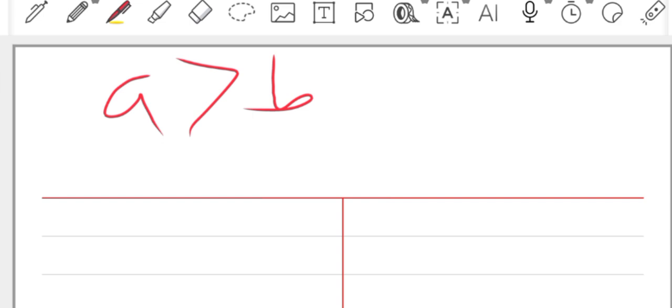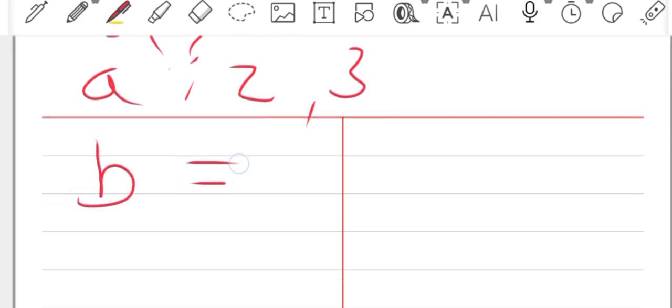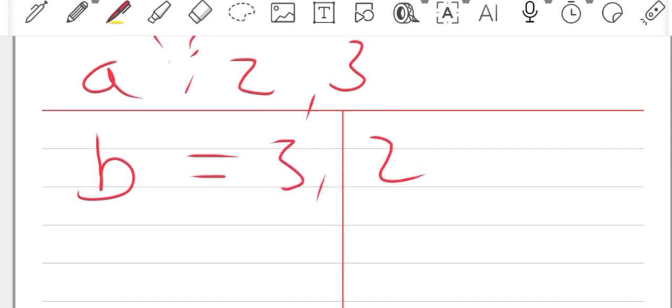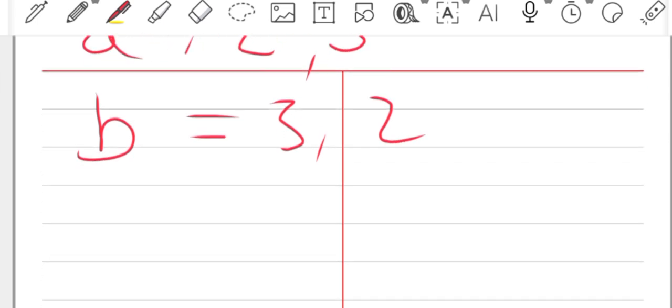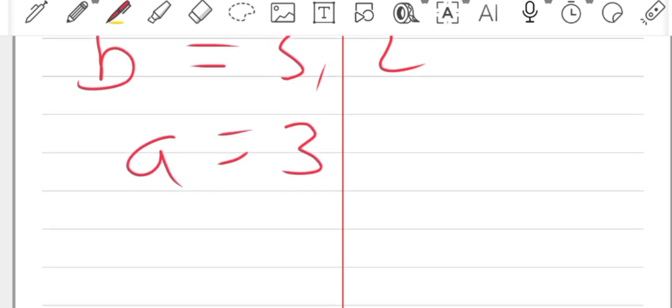We have two values for a, that is 2 and 3, and two values for b, which are 3 and 2. Since a should be the greater, our a will be given the 3 and our b will be given the 2.